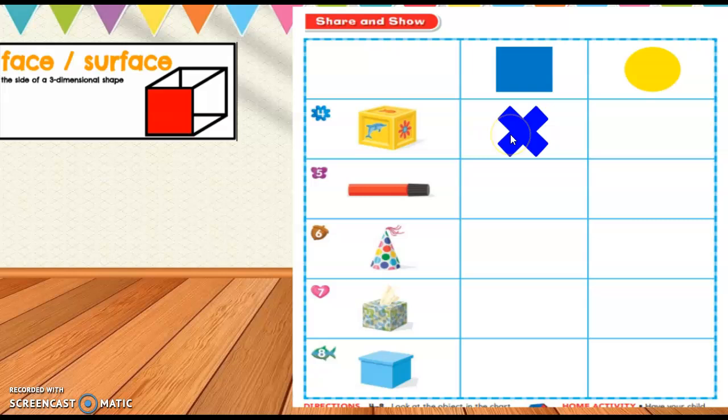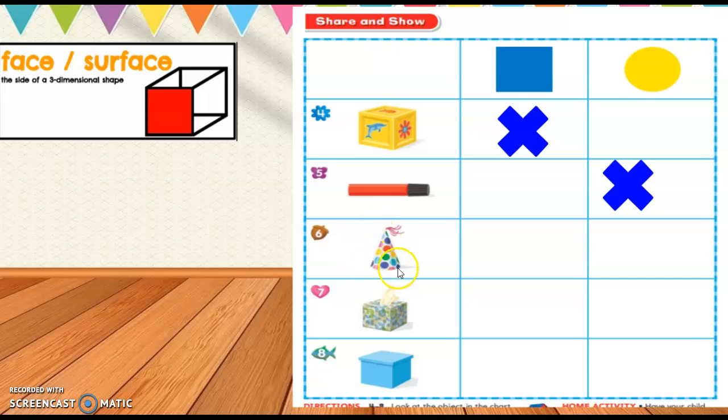Good job. Awesome. Let's look at this marker. Remember, we're looking at the flat surface, so we're looking at the base or the ends. What shape do you notice is at the surface of this cylinder? A square or a circle? A circle. Good job. Awesome. Let's look at this party hat.